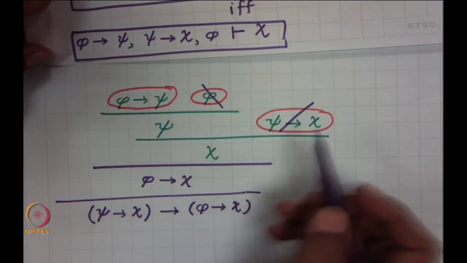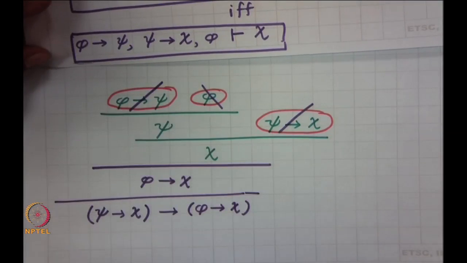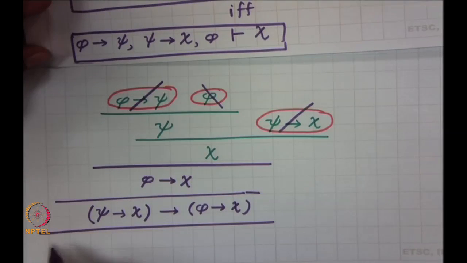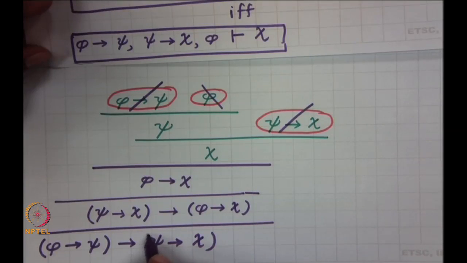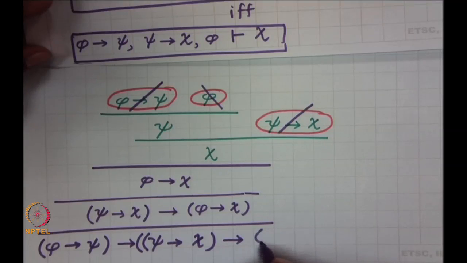Then I can go another step further and discharge this assumption to give me essentially phi arrow psi arrow psi arrow chi arrow phi arrow chi.